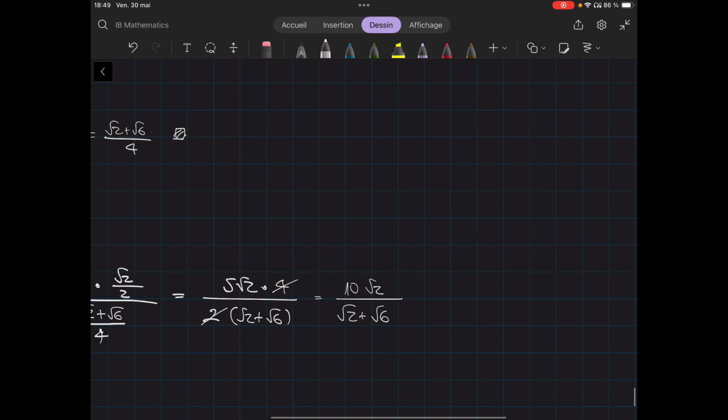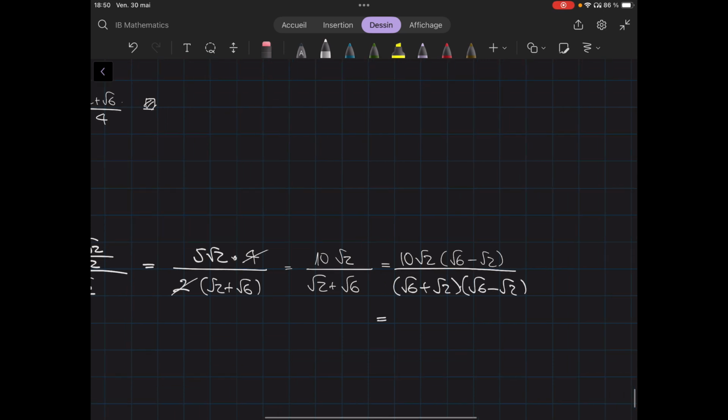The final answer is in the form p times root q minus 1, so we must rationalize the denominator. The conjugate of this is root 6 minus root 2, so we're going to multiply the numerator and denominator by the same constant. So we have 10 root 2 times root 6 minus root 2. Downstairs, we have 6 minus 2.